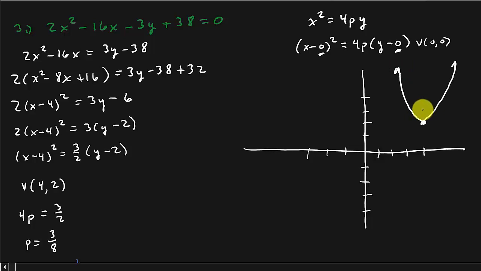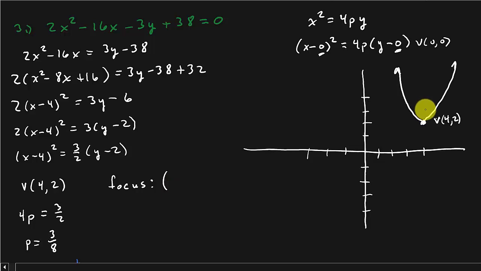So I know my focus is going to be here, and my directrix is going to be down here. And this is my vertex, 4, 2. Now, think about this. My focus is going to be the point what? It's going to be right here.